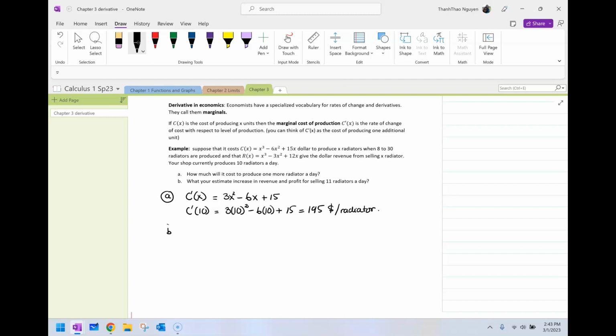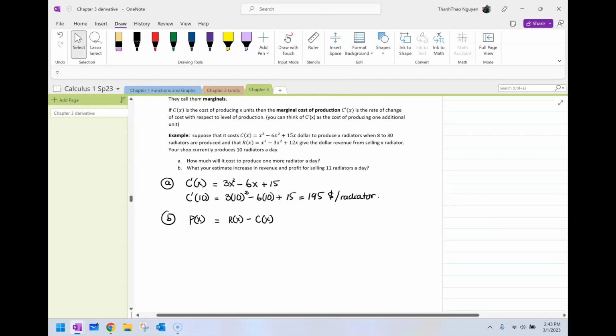In part B, what is your estimated increase in revenue and profit for selling 11 radiators a day? So the profit is equal to the revenue minus the cost.